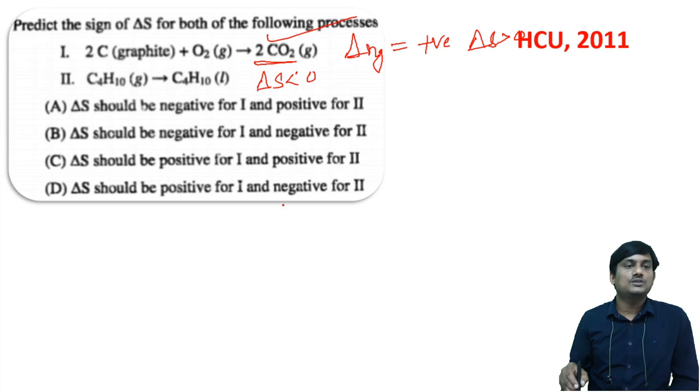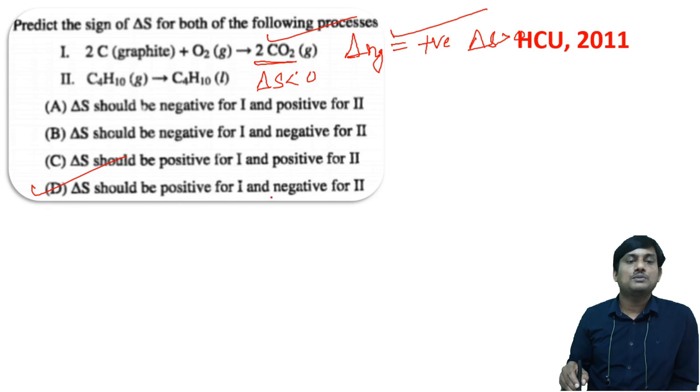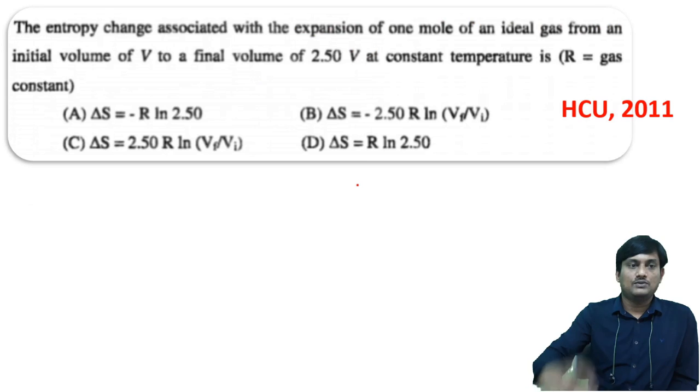Delta S less than 0. Delta S should be positive for the first one and negative for the second one. This is the correct answer.